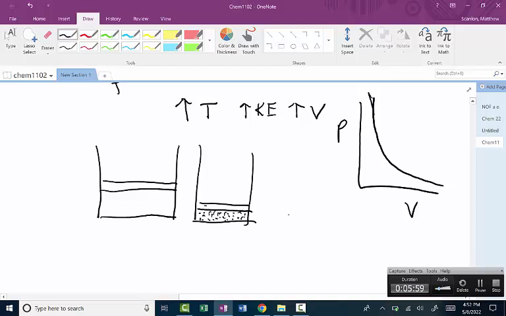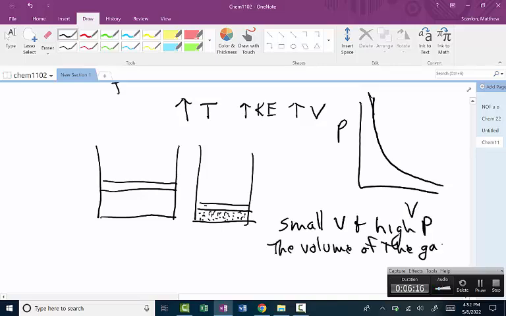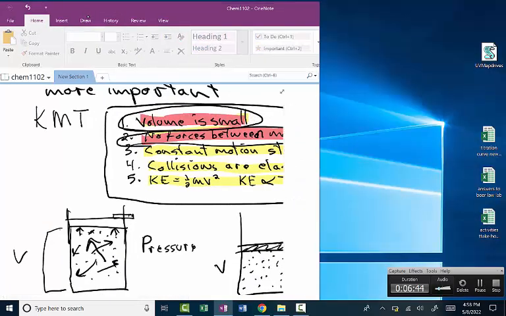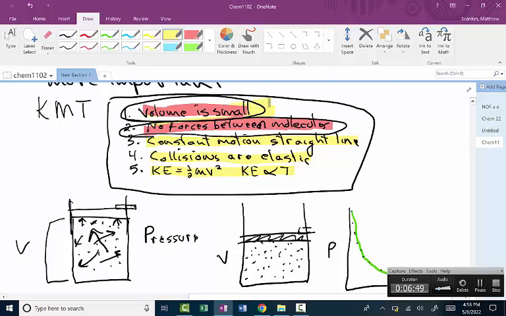So it's small volume and high pressure. The volume of the gas is no longer zero. It starts to take up space because there are so many molecules crammed into a small space. That's one violation of the kinetic molecular theory, one problem it has. So we've just talked about one place where the kinetic molecular theory will fail, and that is up here where the volume is small.